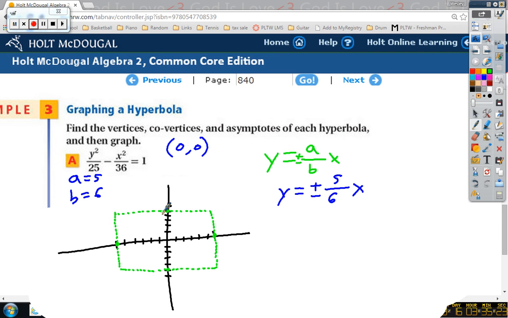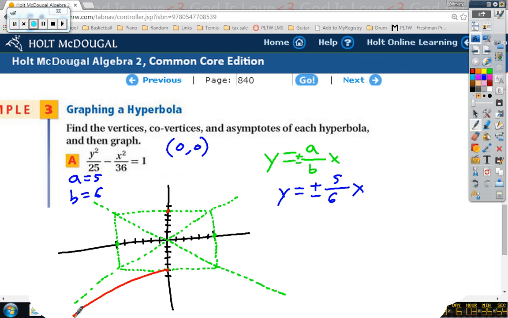In my imaginary box, I'm going to connect the pointers. Same thing over here. Okay. Hopefully you have a ruler or something to make the line straighter than mine. I see that it's vertical, so I'm going to start my line at points here and here. And then my hyperbola is just going to come out.